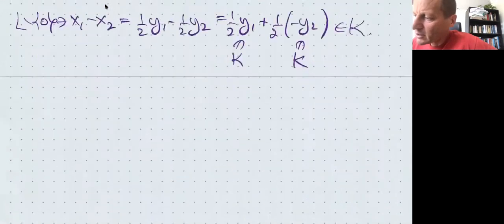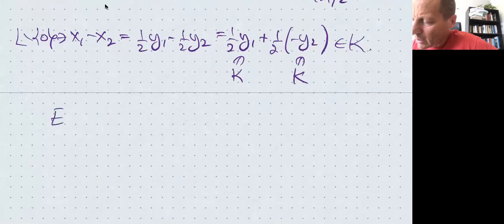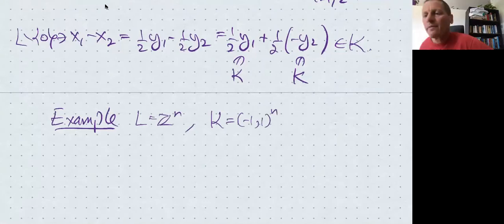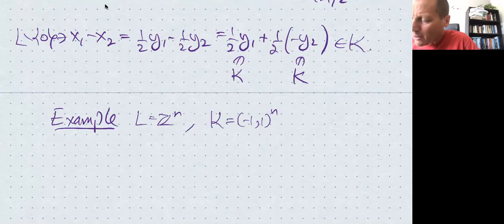Let's write that down. So example, an open L infinity ball. If L is Z to the n and K is (-1,1) to the n, so this is the open L infinity ball, then the volume of K is exactly 2 to the n.